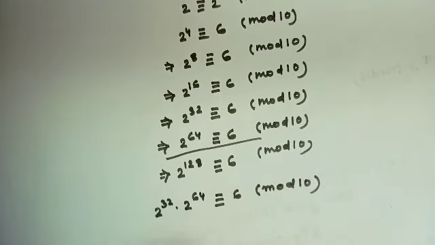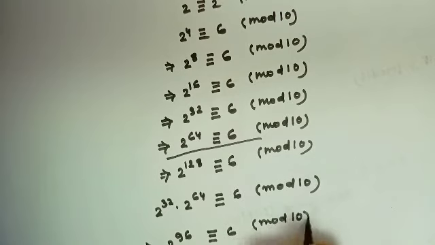These imply 2 to the power 96 is congruent to 6 modulo 10.